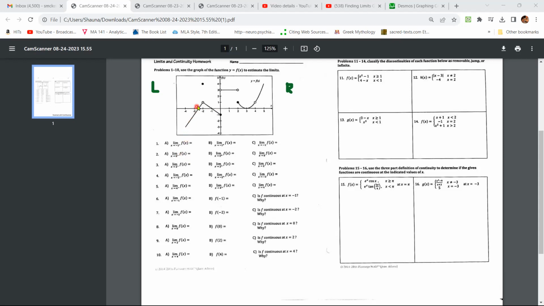So again, getting close to 0, right? Where am I? It'll be -1. So if I'm approaching from the left, it's -1. Now, if I'm approaching from the right, then I'm going over here.